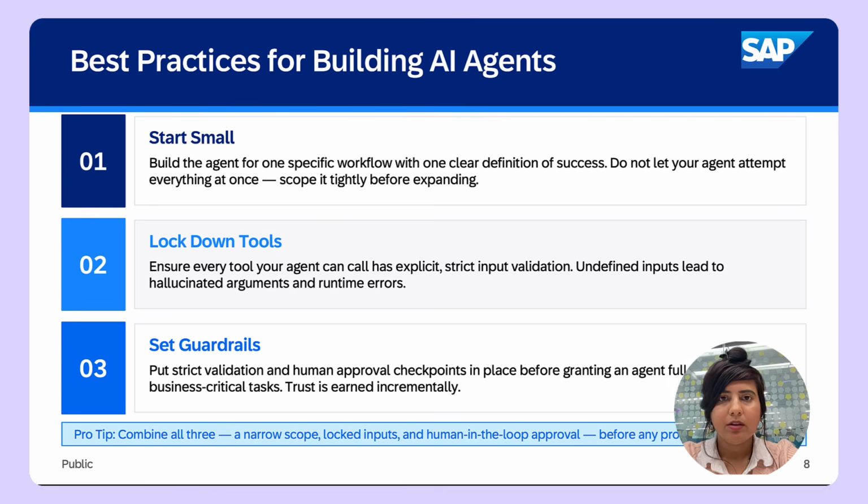And the third one is we need to put guardrails in place via human approval checkpoints. That is, human in the loop should be in place before giving full autonomy to the AI agent, especially in case of enterprise applications. So we need to combine all these while building AI agents.